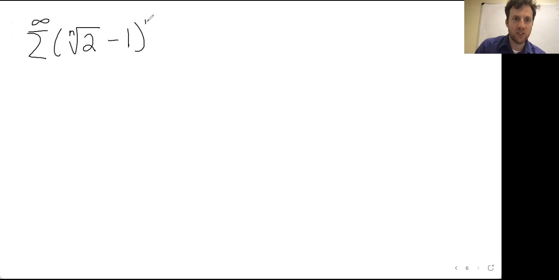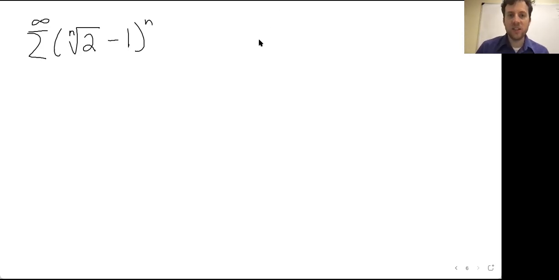So this one is a little kind of strange looking, but we can try to look past the weirdness and think about what our tests are and which ones apply in which situations. So here we have the nth root of 2 minus 1, that whole thing all raised to the nth power. So this nth root of 2 is something which hasn't really showed up before.